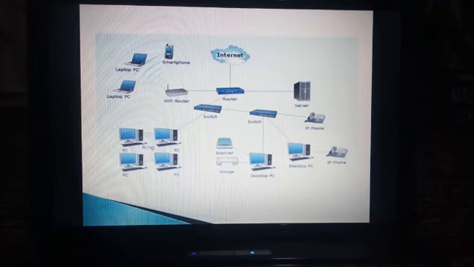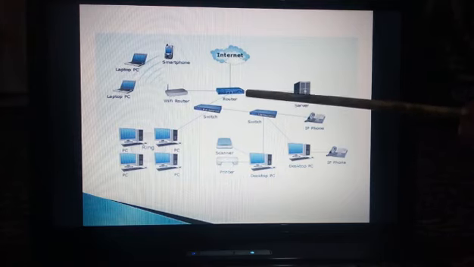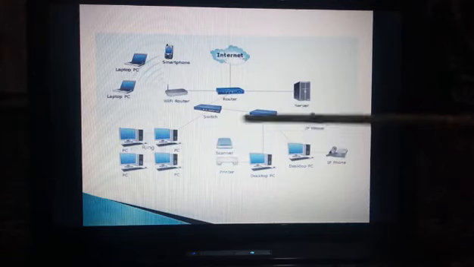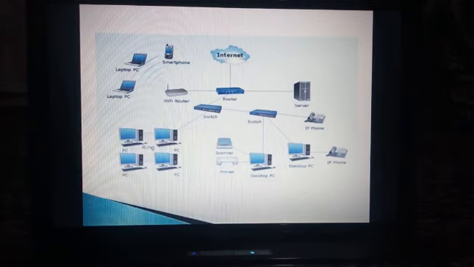There are also some other devices, a router that's used to route the data across different parts of a network. There is also another device called a switch. A switch connects computers to each other.